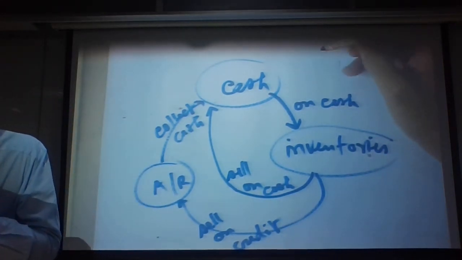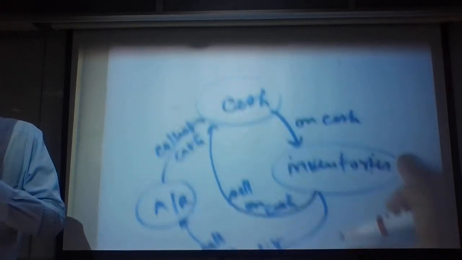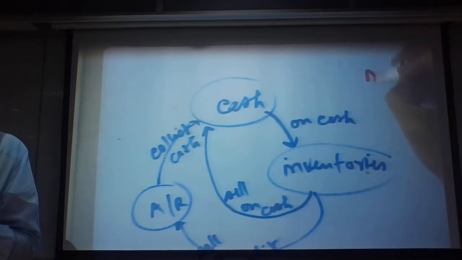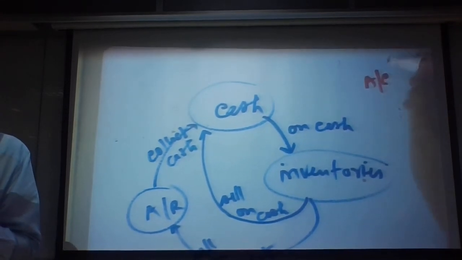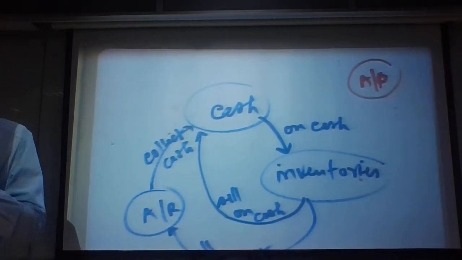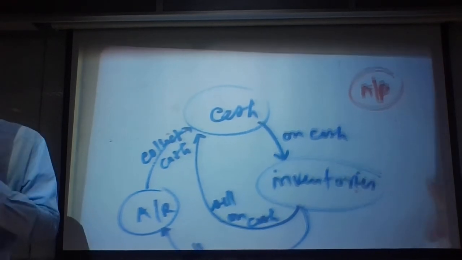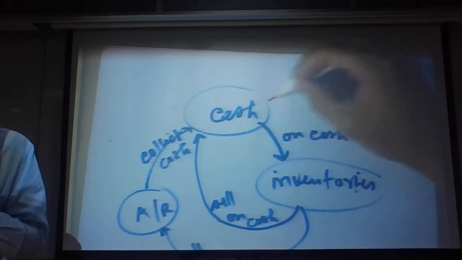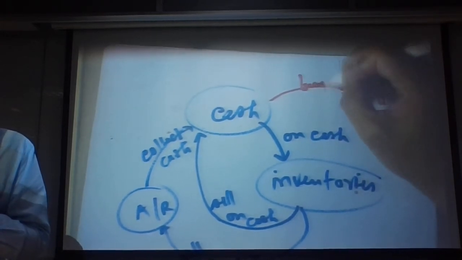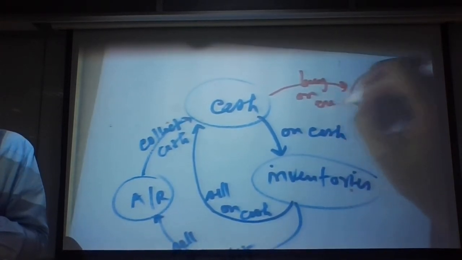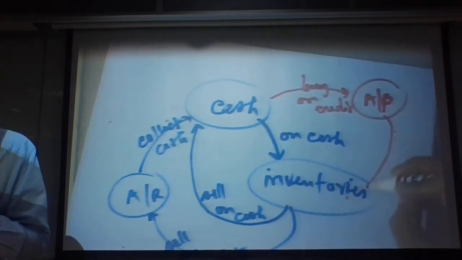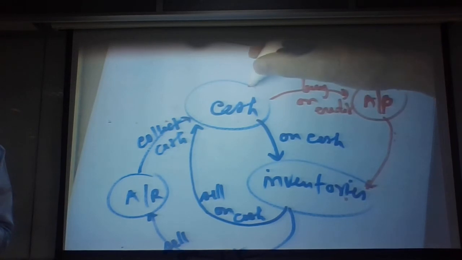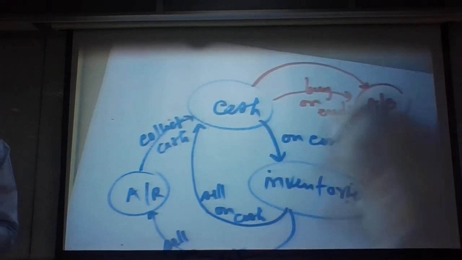I want to add one more accounts payable here. Okay, this should be fine. Buy on credit, right? And after cash is collected, then pay the bill.